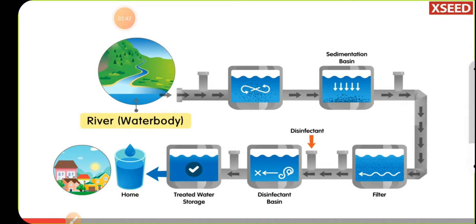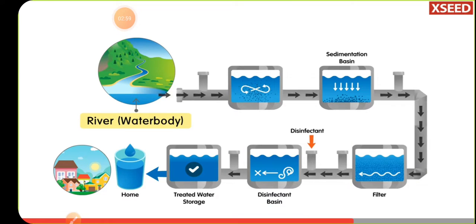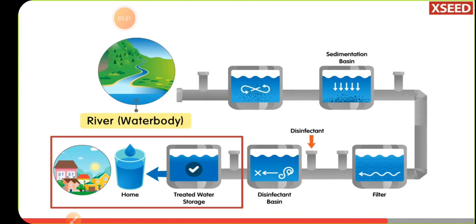Water is taken from rivers and purified before being supplied to houses. After soluble and insoluble impurities are removed, disinfectants are added to kill germs. Then, purified water is stored and supplied to houses.